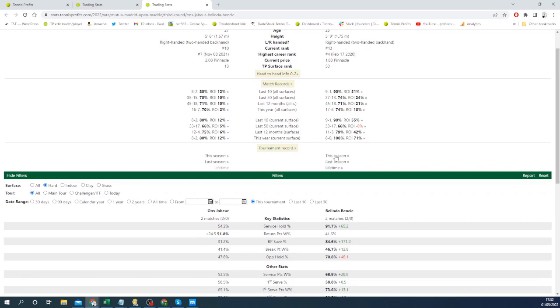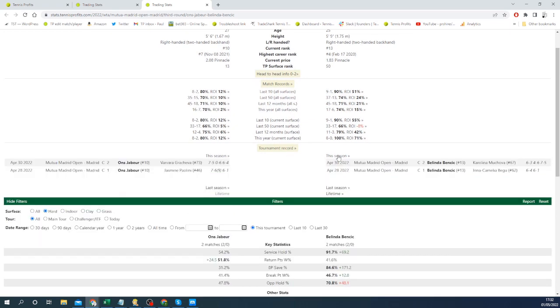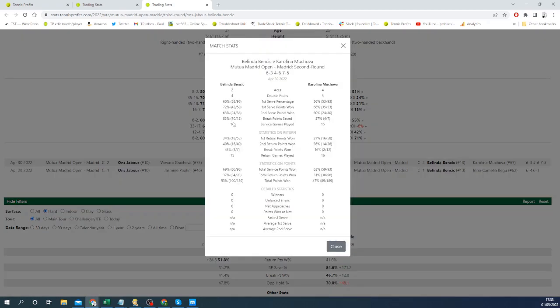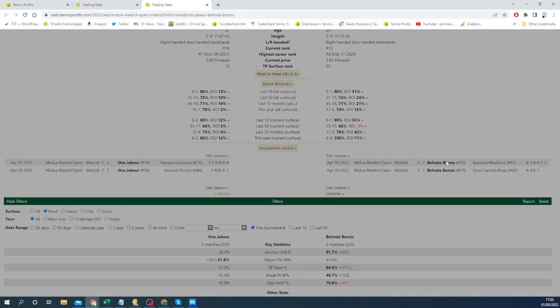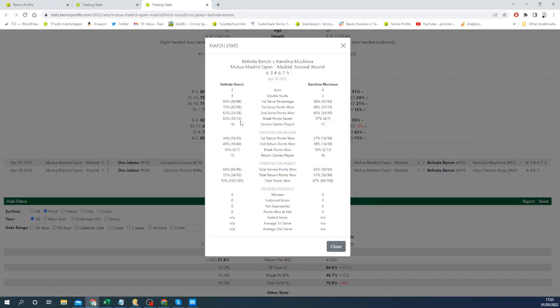Then we've got the tournament record, so we've got what they've done in this tournament. So Bencic beat Makova in 3 sets, and again, if you click on that, you can get the stats breakdown for that match. I'll be looking at, she faced 12 break points in that one, only broken twice in 3 sets.